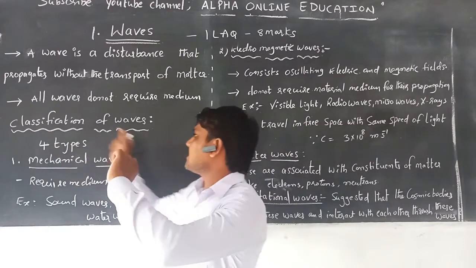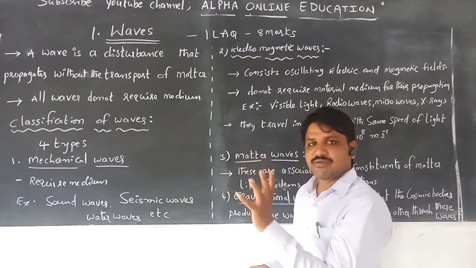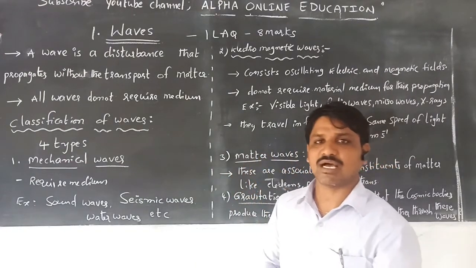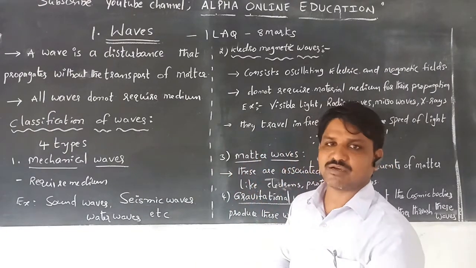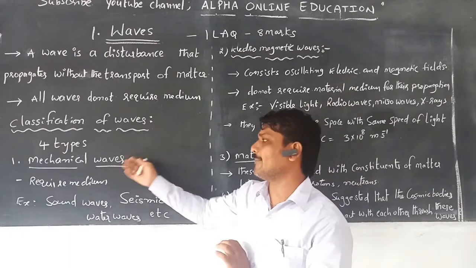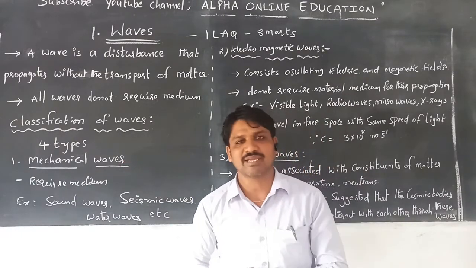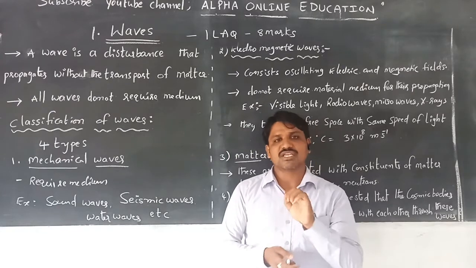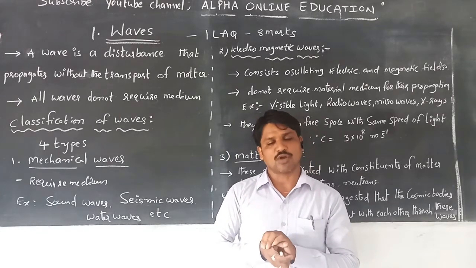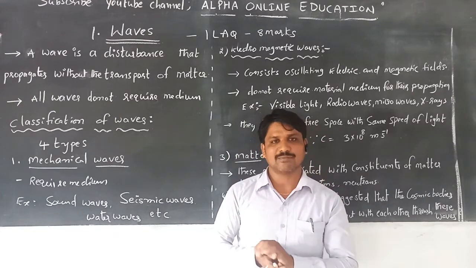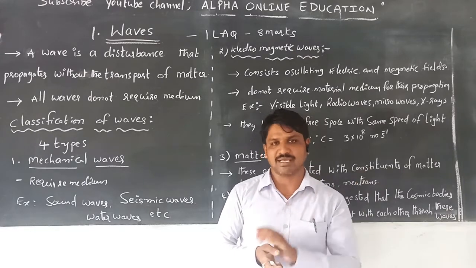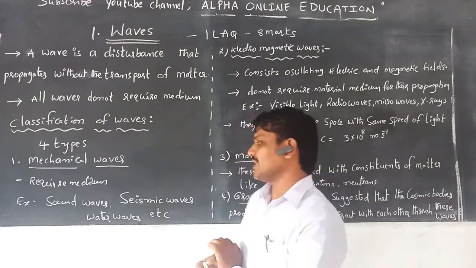Now the classification of waves. Waves can generally be classified into 4 types. The first one is mechanical waves. Mechanical waves are waves which require a material medium to propagate from one place to another.